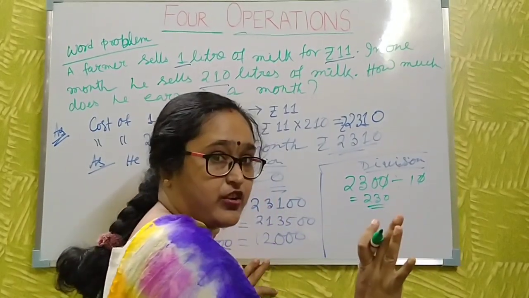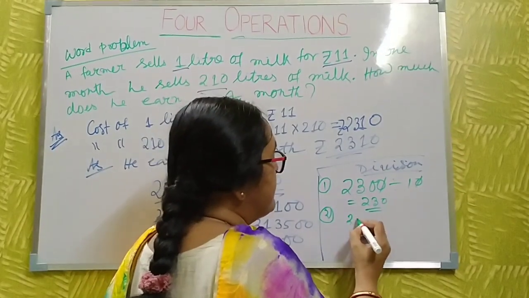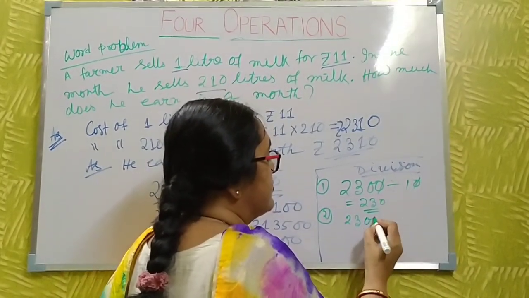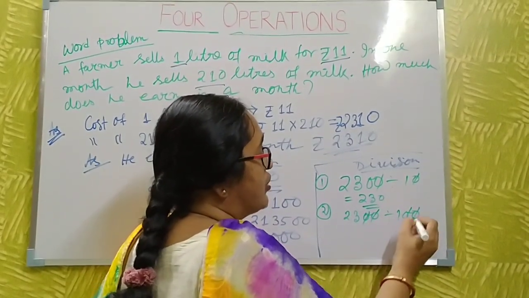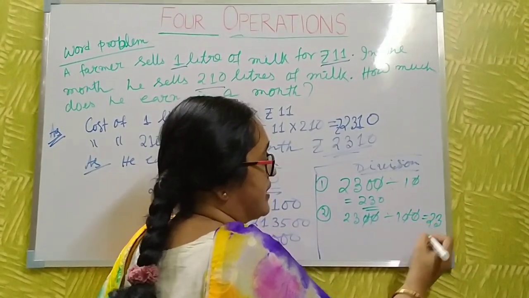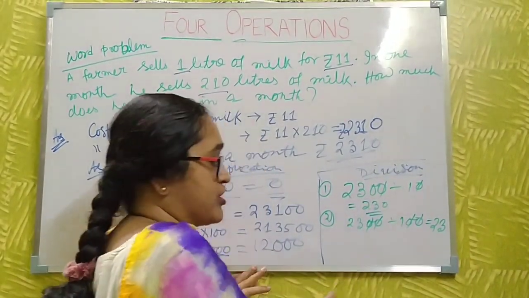Okay, you don't do the division. Now if you divide this one by 100 also, then cancel two zeros and the result becomes 23. Okay, then just follow the process.